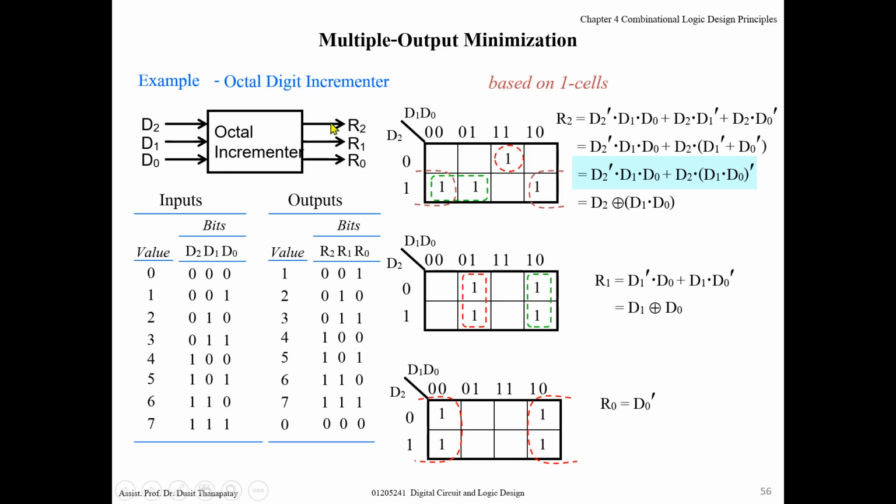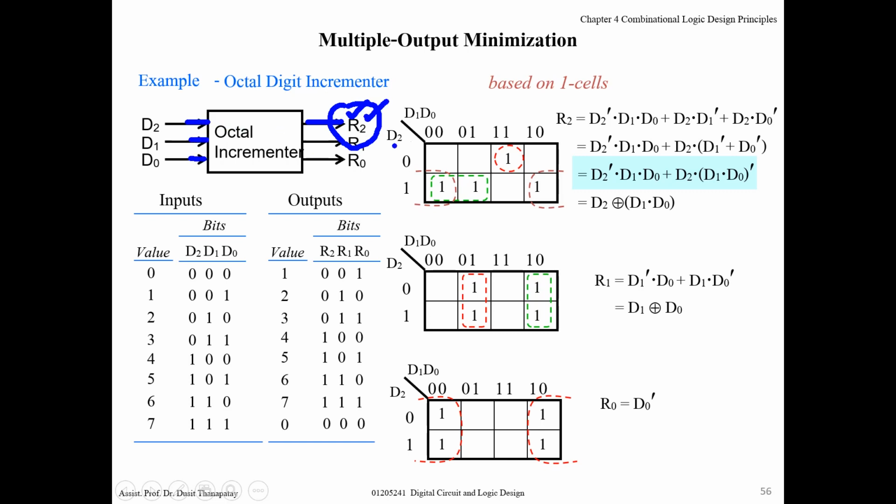Anyway, basically, if you see the problem of many outputs, of course almost all practical circuits have multiple outputs, right? So don't worry, you just focus on each output to find the output equation for each output.